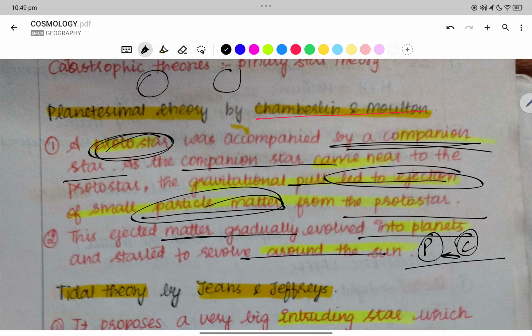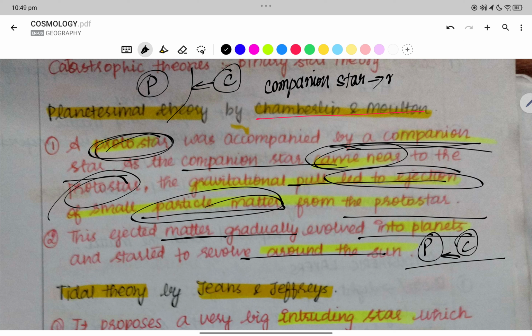Two stars are there: one is the protostar and the other is the companion star. The companion star comes close to the protostar.